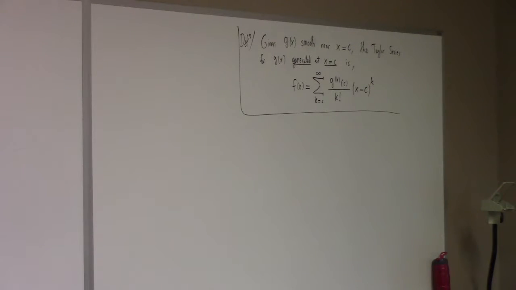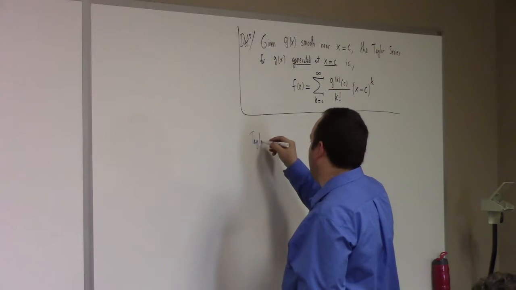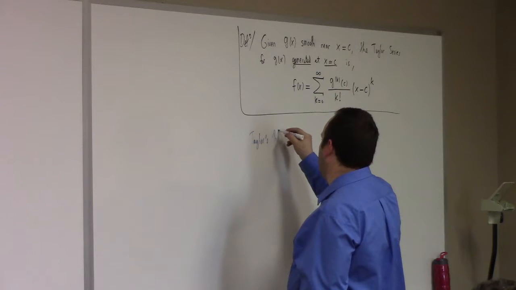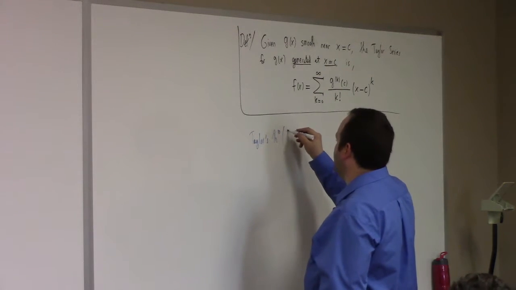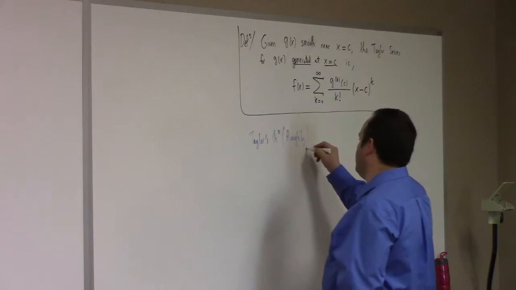So what does Taylor's theorem say? Now I have the language I need to state Taylor's theorem. Taylor's theorem says the following. And again, this is a rough statement of it. I'm not going to worry about convergence.